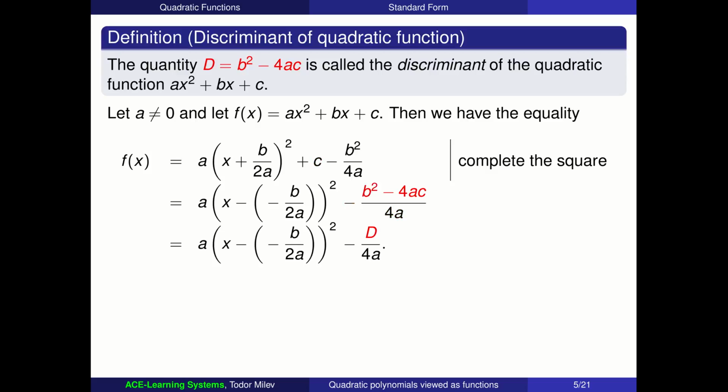The next thing I'm going to do is take this expression b squared minus 4ac and give it a name. You'd say, why would I want to name such an expression? Well, because that expression is going to appear frequently when we deal with quadratic equations. So I'm going to name it the discriminant.